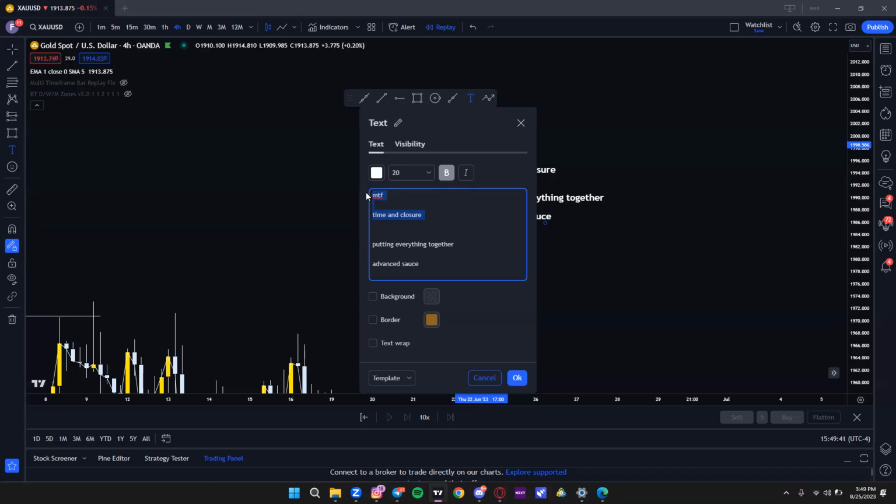Those four things combined is going to be a hell of a lot of work to backtest and forward test. What I'm going to do is we'll do a break in between the advanced sauce, because if you can get this stuff right, then the advanced sauce is going to be easy.